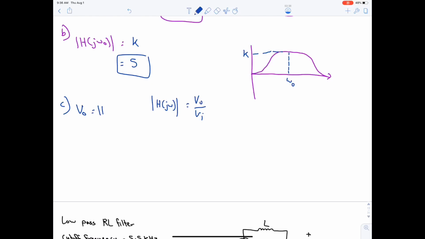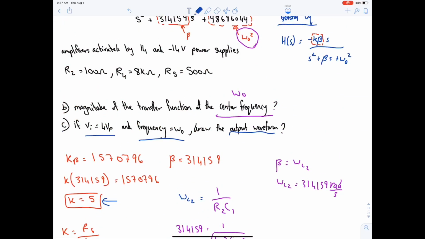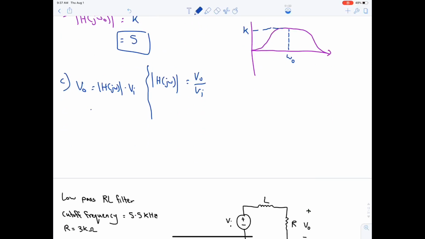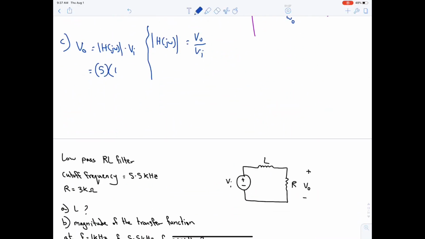So V output will be magnitude multiplied by V input, correct? But what is the magnitude? Magnitude depends on the frequency, and they want the magnitude at omega naught. And we have just calculated in the previous part that the magnitude at omega naught is 5. So here it will be 5 multiplied by the input, which is 4. So the answer is 20 volt.